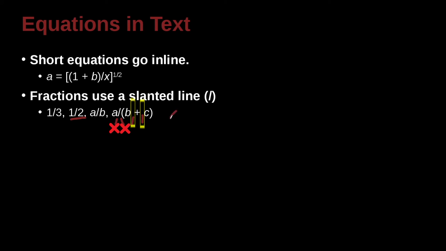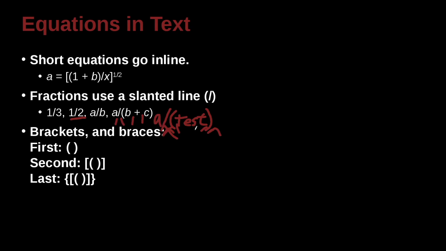With an English word, you have a parenthesis, and then you put your word inside of here, like test, and then you close your parenthesis. There's no space here, there's no space here, but there is going to be a space after it over here, and a space before it over here. But in this case, because we have a slash, that's a special case, and we say no space there. No space on the slanted line, because it's a fraction.